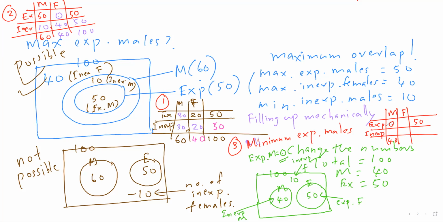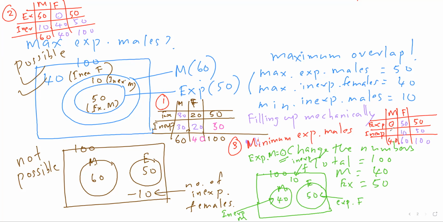Okay. So with that, you can mechanically fill up the other information. If the number of experienced men is 0, it's like a minimum. The number of experienced females is 50. And then you know that the total is 100. So you fill up 50 here and 60 here. And just to add up, this is 50, then this is 10.